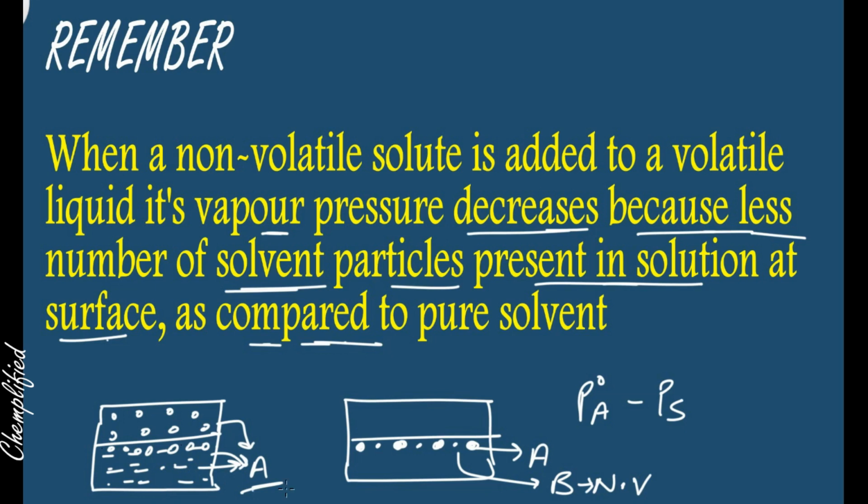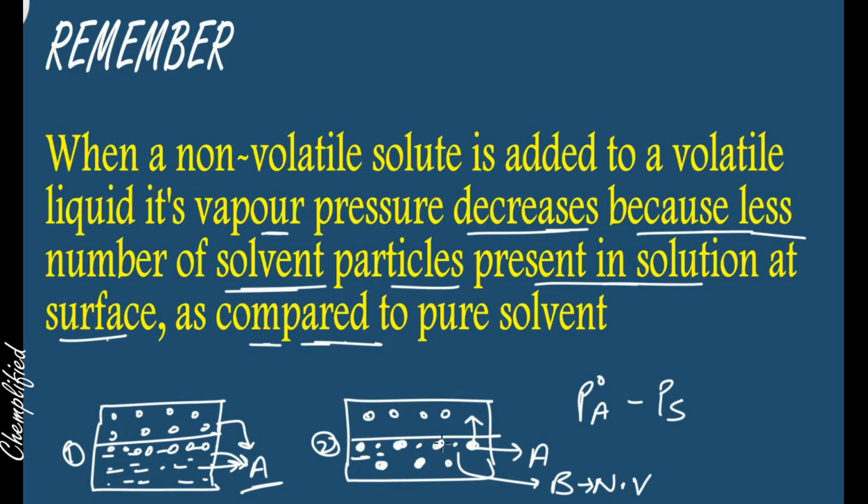But in this particular case, our second case, this is our first case, this is our second case, two different types of particles are present on the surface, due to which the availability of particle A decreases at the surface, due to which the vapor pressure of the solvent or the solution decreases. Because as the number of particles on the liquid surface decreases, the number of particles going out as vapor will also decrease.